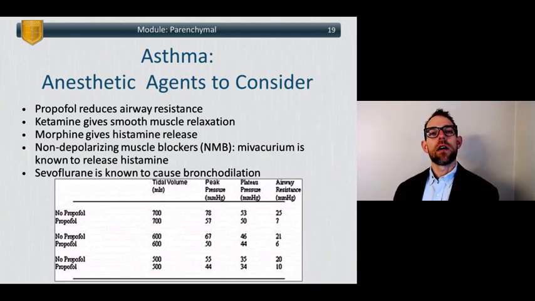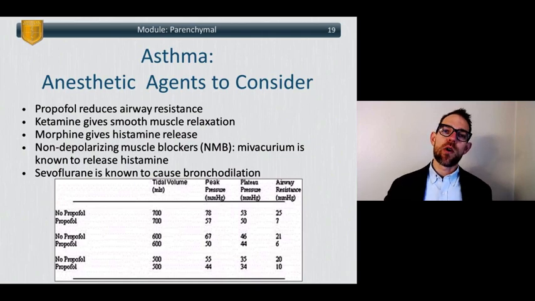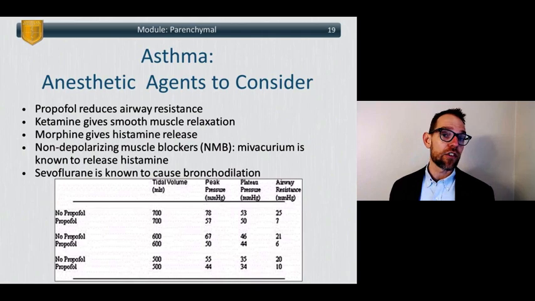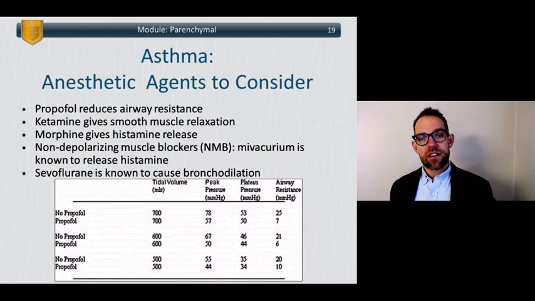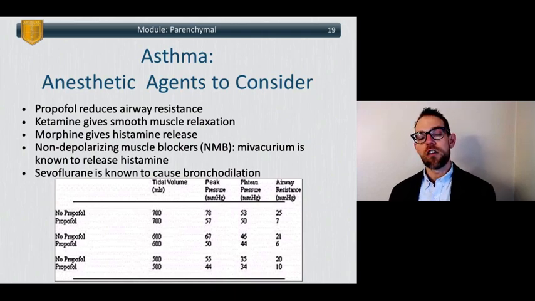So, what is the role of our anesthetic agents and their impact on asthma? Do recall that propofol alone reduces airway resistance. In the chart below these bullets, we've got a study looking at various tidal volumes in patients that have asthma episodes, with propofol versus without propofol.